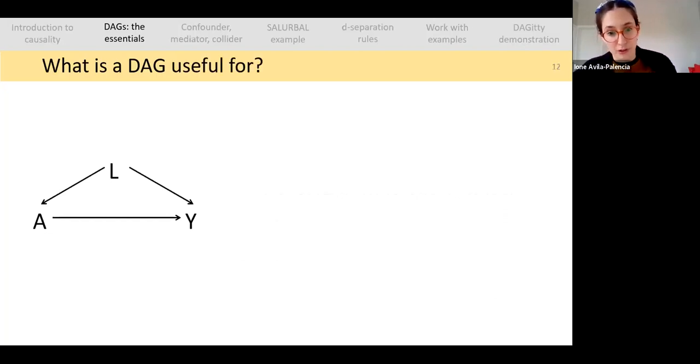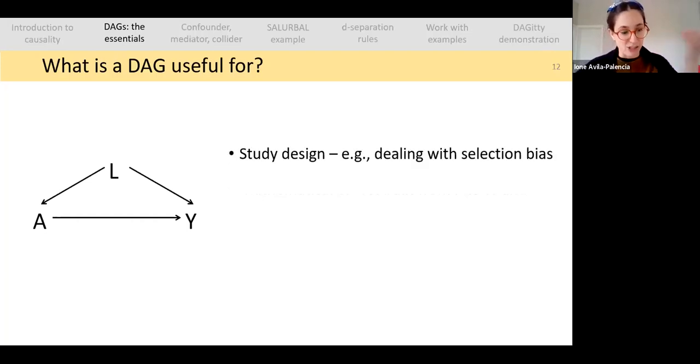Then another important question is, what is a DAG useful for? A DAG can be useful in any stage of your research. For example, when you're designing a study, drawing a DAG, taking into account all the different factors related to your research question, can help you identify some biases that your design has.